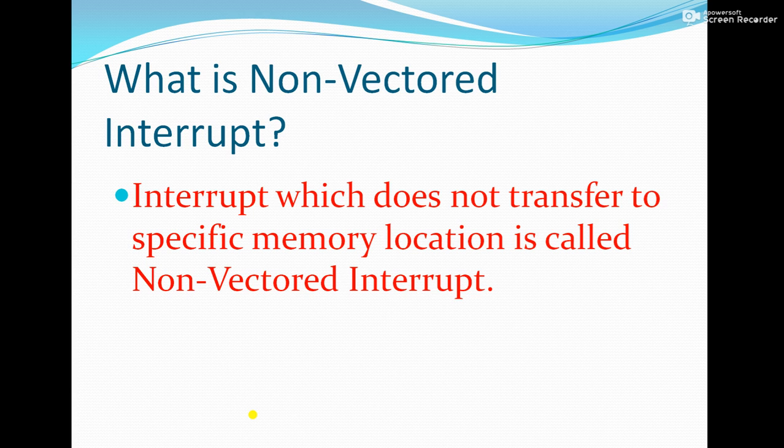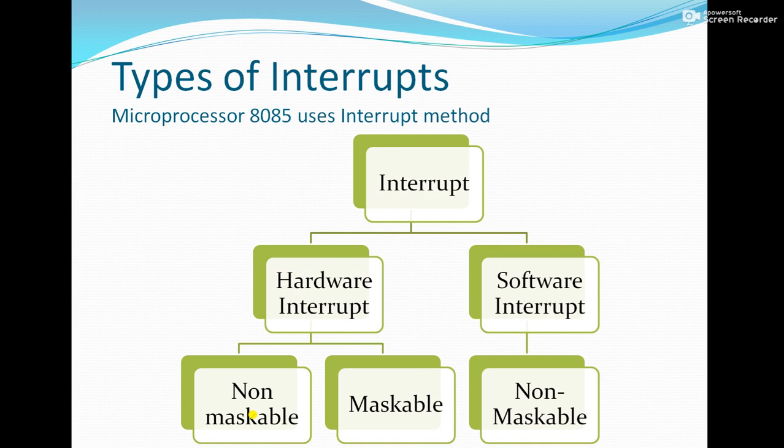Now we will understand what are the types of interrupt. Microprocessor 8085 is connected to different peripheral devices. To communicate with these devices, it uses the interrupt method. So microprocessor 8085 has two types of interrupts: hardware interrupt and software interrupt.